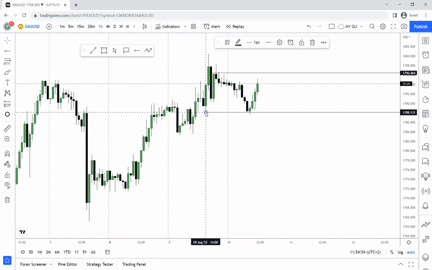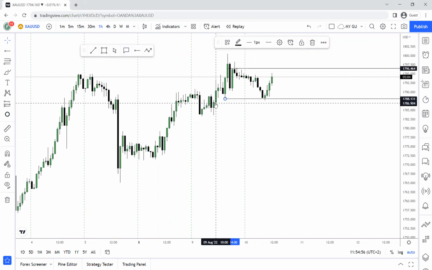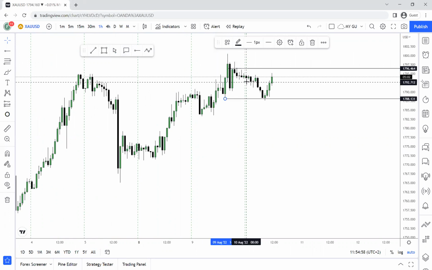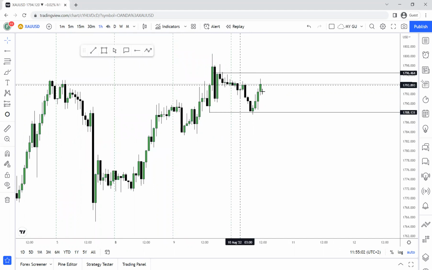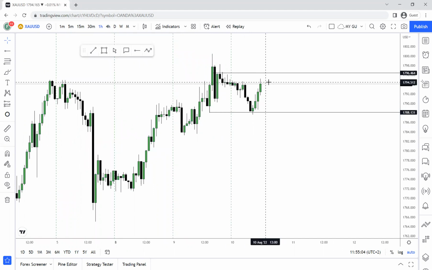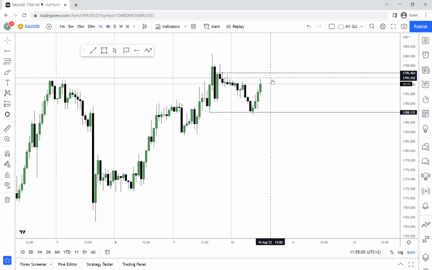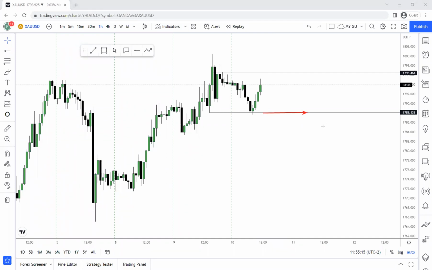So price made a low over here. So how you're going to use this information is, okay, since price looks like it's been rejecting, if price gives you a clear rejection on our resistance, expect price to reach our support as your first target, and if it continues to go lower, a second target.